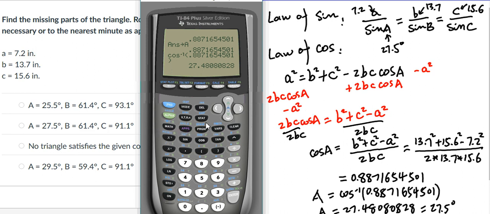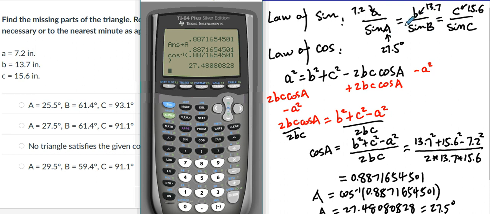But you want to find B and C. Now, how to find them? We have A, 27.5, already, and then we will no longer need the law of cosine. Of course, you may use the law of cosine to find B as well, since you know the three sides. But here we can apply the law of sine.